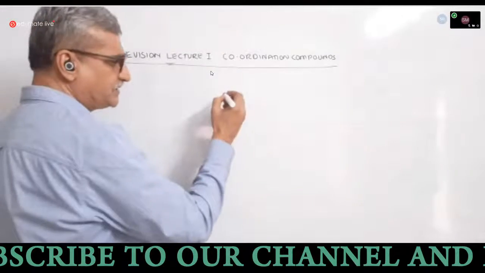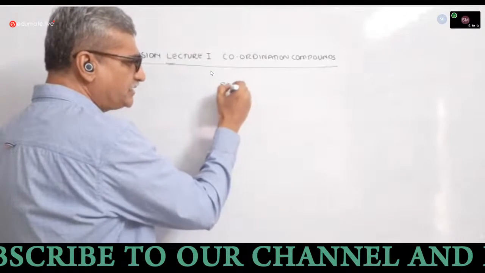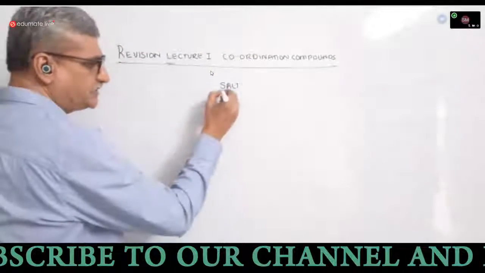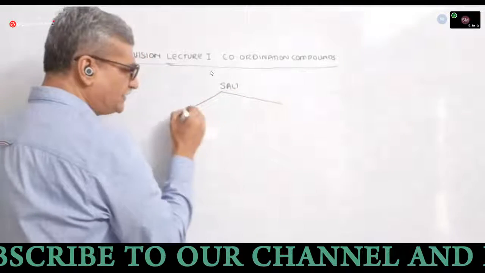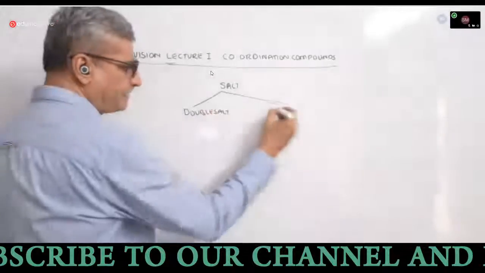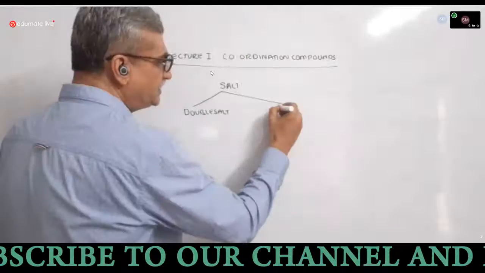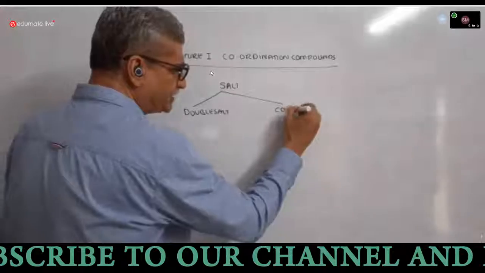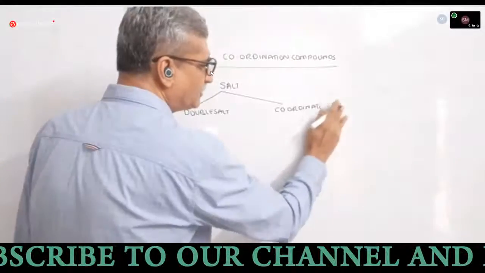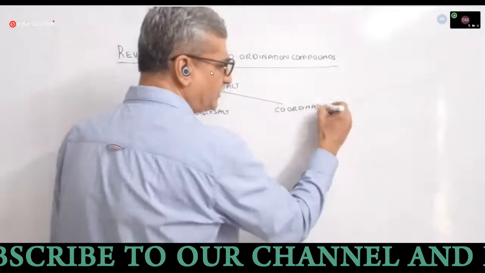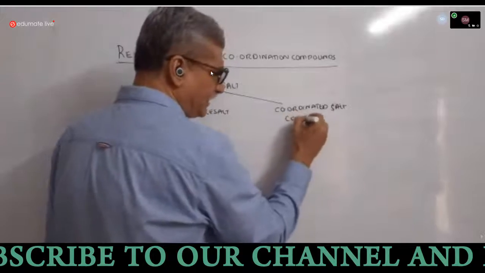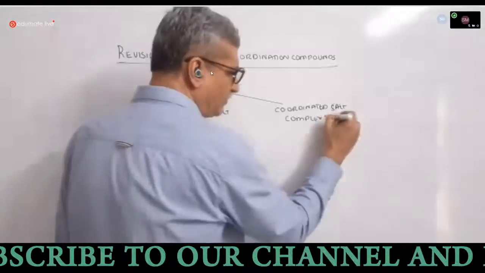So we start off with the first point. What is a coordination complex? Basically, a coordination complex is a salt. When you talk of a salt, we have two types: one is called a double salt, and the other is called a coordinated salt or coordination complex, that would be more appropriate, a complex salt.